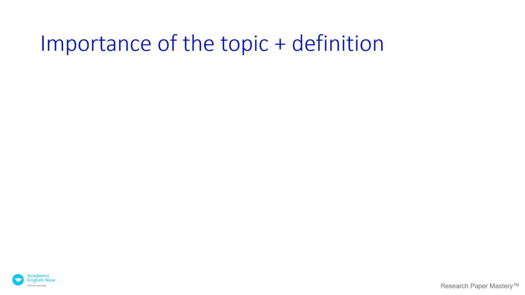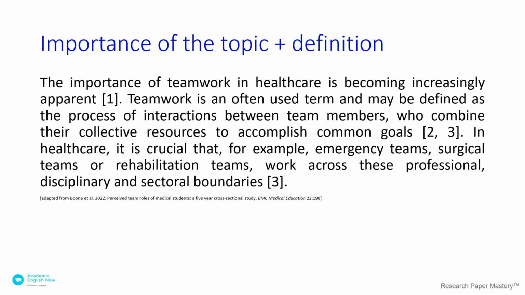And I want to look at them with practical examples as well, so you can see how this is done in different fields, right? So this is a paragraph where we have the importance of the topic and the definition in the same paragraph. Let's take a look at it. We've already read this paragraph. It's about the importance of teamwork, right?